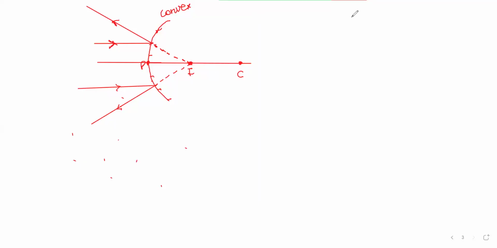The second rule: a ray of light passing through F, or directed toward F, must be parallel to the principal axis after reflection.